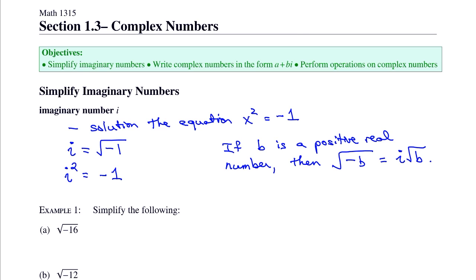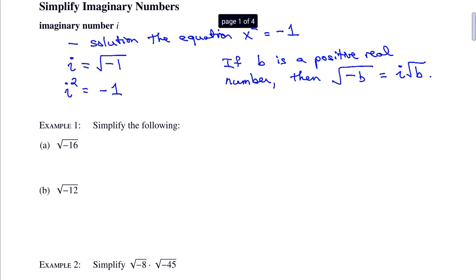In other words, when you deal with the square root of a negative number, then the negative comes out of the square root as i, and then you have the square root of b left over, and then whatever the b is, you have to work with it to simplify it. Let's look at some examples.